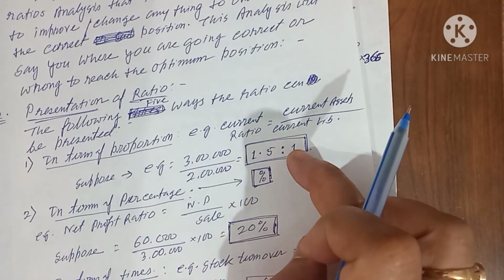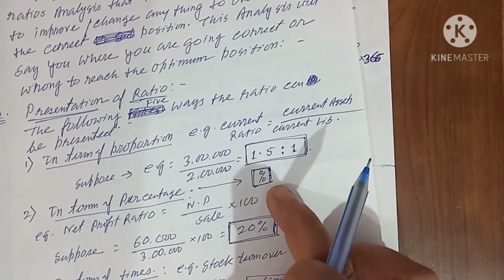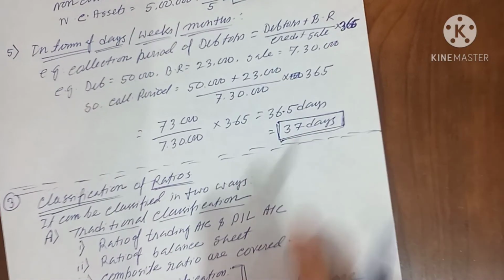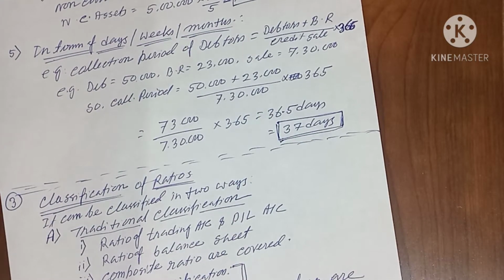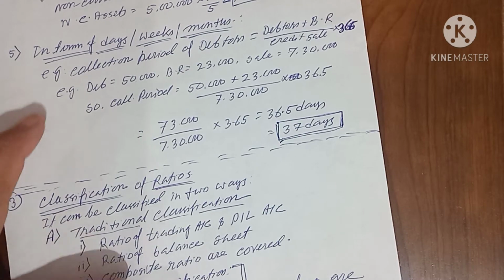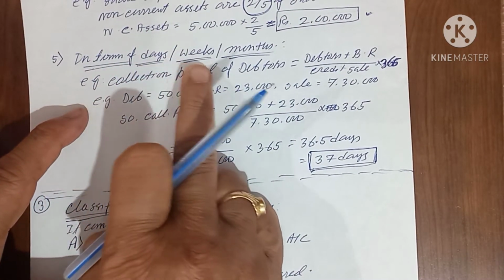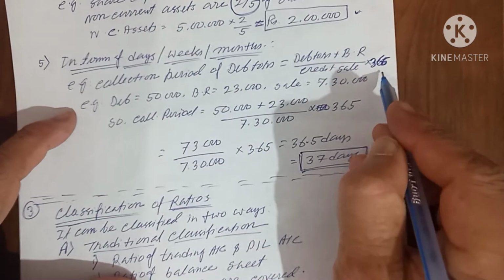So you have seen that the first ratio was expressed through proportions, second was percentage, third was times, fourth was fraction, and the last one is 37 days, that is, number of days in terms of days, week or month.